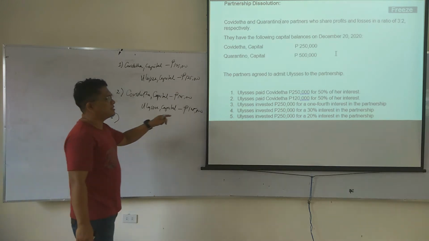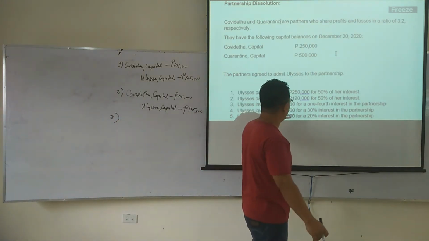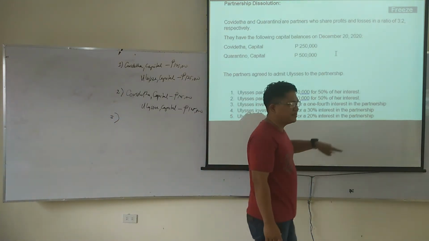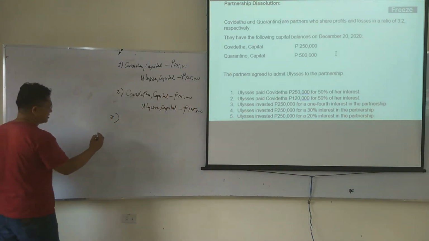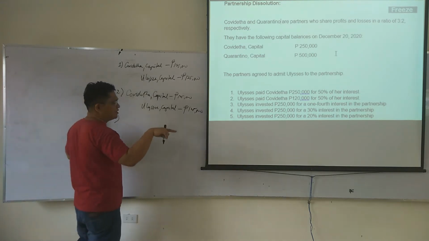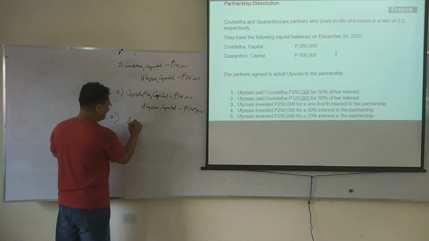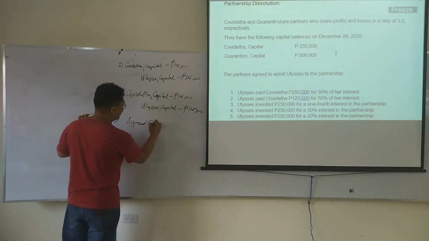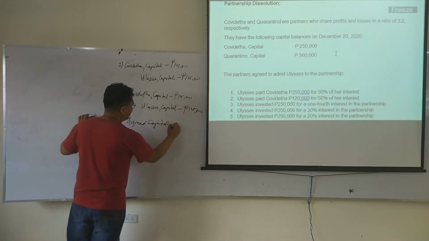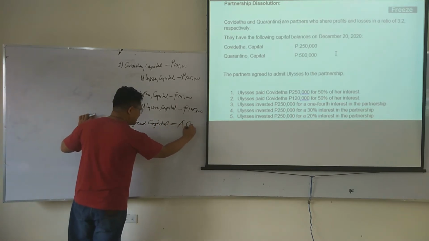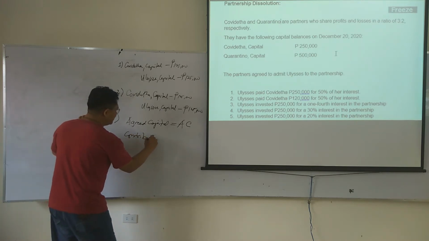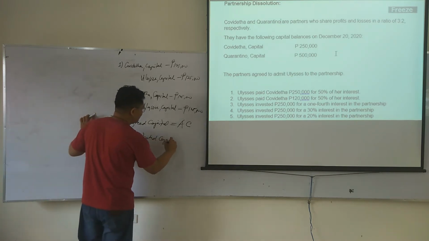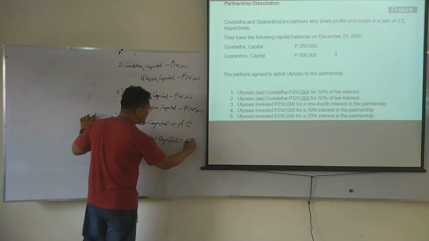3. Ulysses invested 250,000 for a 1/4 interest in the partnership. So we will be learning two terminologies here. It's the agreed capital, which we will shorten as AC, and contributed capital, or CC.